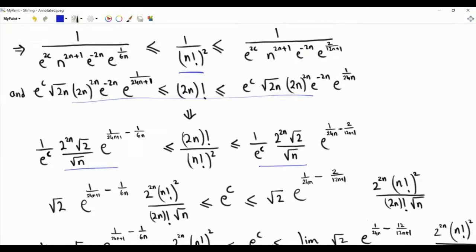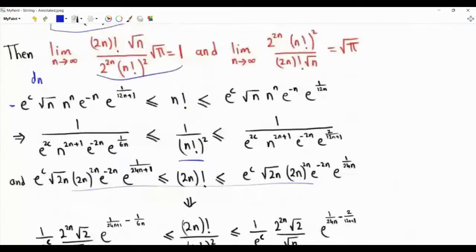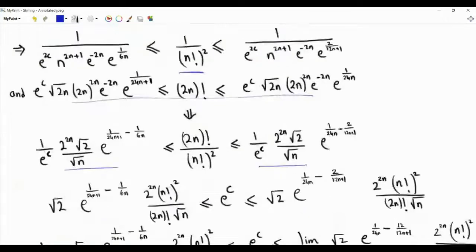The lower and upper bounds involve e to the c, because our bound involved e to the c. When we wrote down the bound for the factorial of 2n, e to the c is left intact. But when we have the upper bound on 1 over the factorial of n squared, because we square, we will get e to the 2c. So when we multiply, we have a survivor term that includes this constant c that we are after.